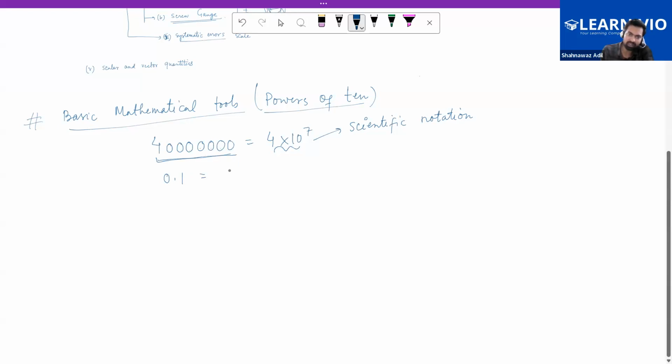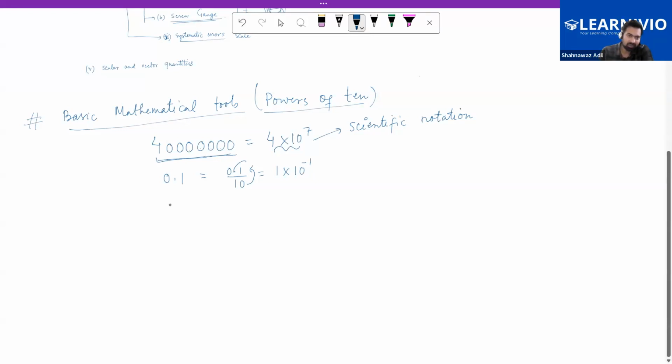If I solve it, 1 by 10, the 10 will come downstairs, so I can write this as 1 into 10 to the power minus 1. If the power goes from the denominator to the numerator, it becomes minus.